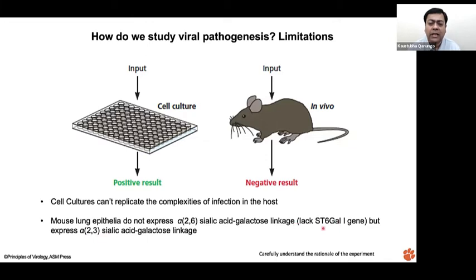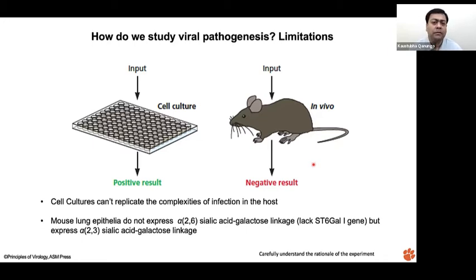This gene is not responsible for the production of the alpha-2,3 sialic acid galactose linkage, and the virus can use it to enter the cells. We have seen this in the avian strain as well, that there is a difference between the alpha-2,6 and alpha-2,3 linkages. So as you can see, cell culture gives you one result, and you do not have the same output from an in vivo or animal study or human beings.